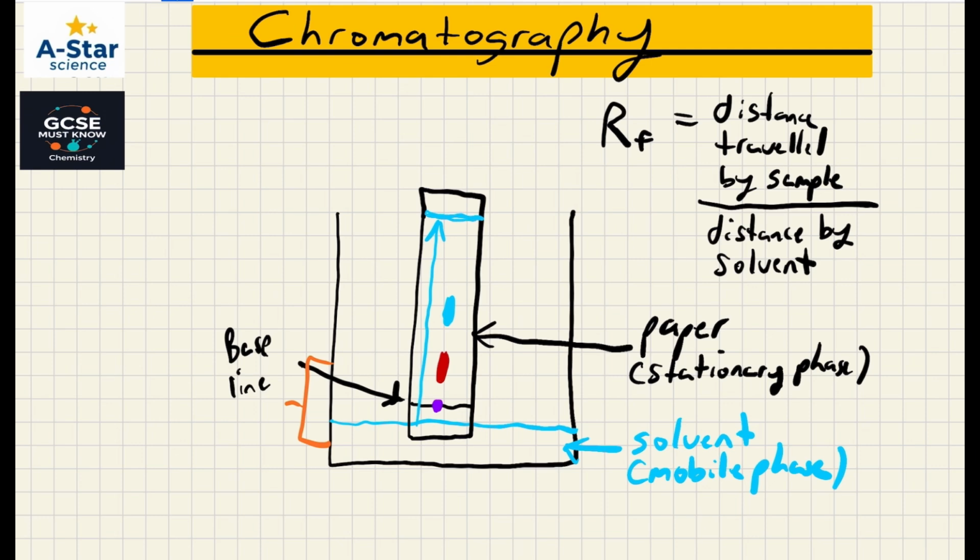And the red ink only traveled from the baseline to there, and the blue ink traveled from the baseline to here. You would use those values, the red ink or the blue ink, and divide that by the distance traveled by the solvent. Okay?